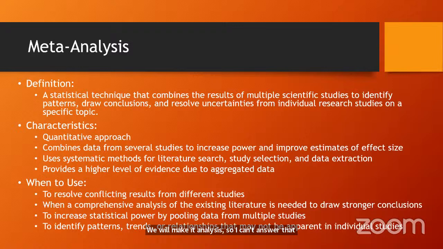Sorry for that. Can a systematic review be used for a study about the various proposed mode of action of a drug? Yes, you can use a systematic review for that, but you can also use a realist review.